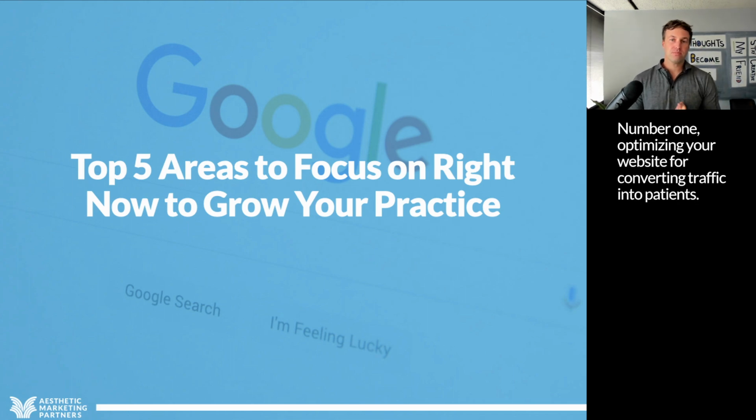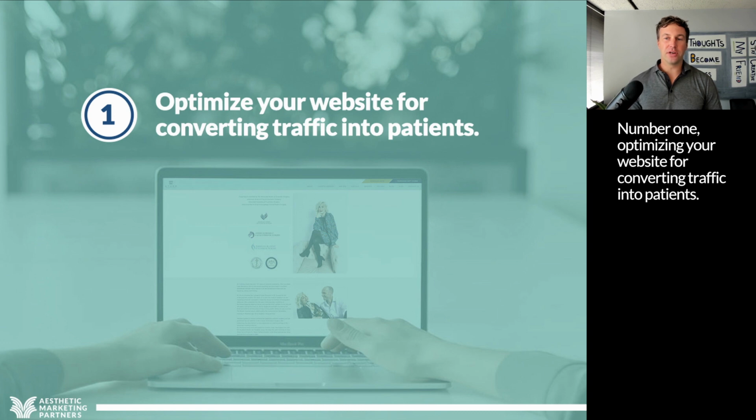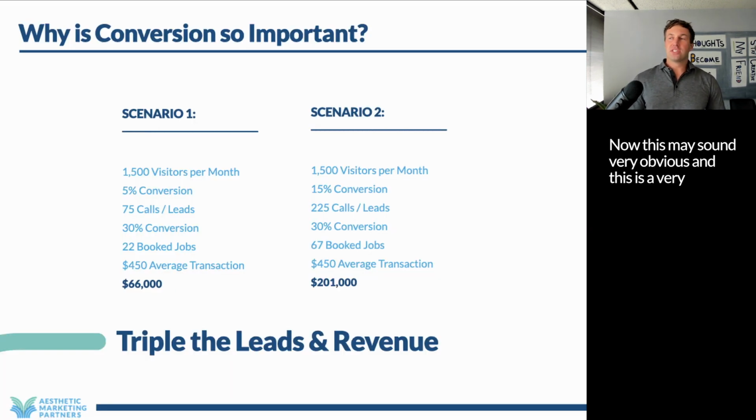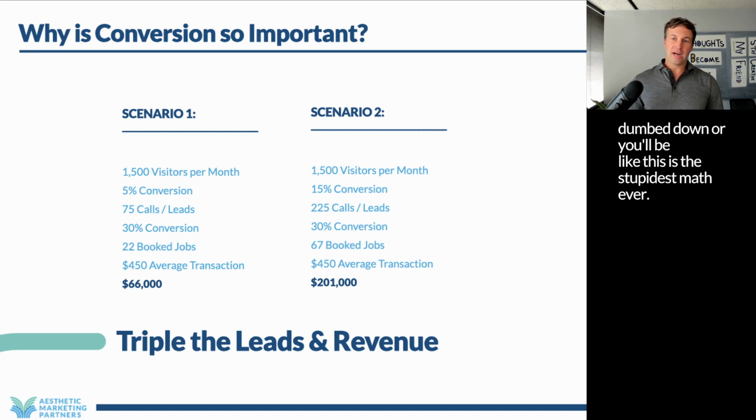Number 1. Optimizing your website for converting traffic into patients. Now, this may sound very obvious, and this is very dumbed down, or you'll be like, this is the stupidest math ever. We're obviously way smarter in this.